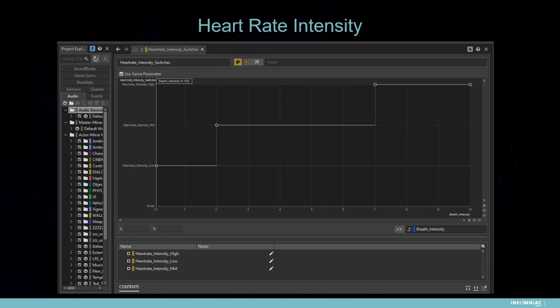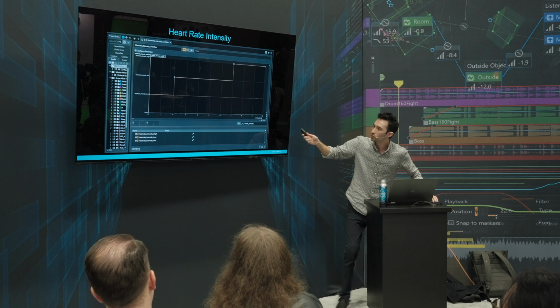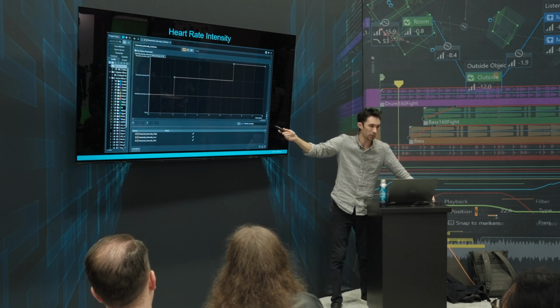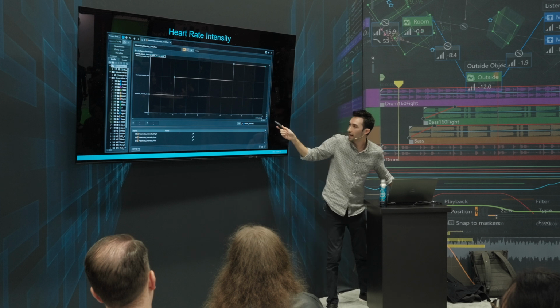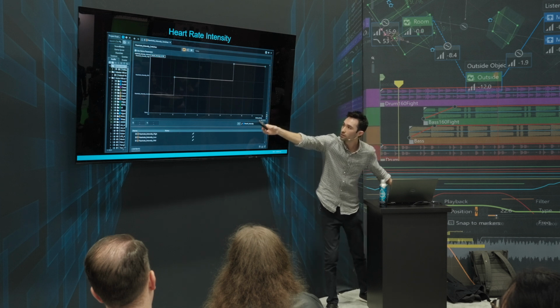And so we created a series of switches. Our 3 switches were heart rate intensity low, heart rate intensity medium, and heart rate intensity high. And what we do with the breath intensity is our RTPC, or real-time parameter control. The numbers 0 to 10 are right here, and on the y-axis are the switches.